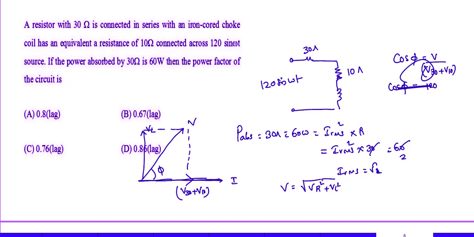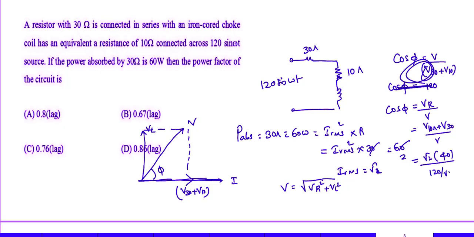Cos phi equals adjacent by hypotenuse, that is the voltage across the resistance by V. The voltage across the 10 ohm and 30 ohm is I into R, I RMS is root 2, so root 2 into 40. The supply voltage is RMS voltage 120 by root 2.